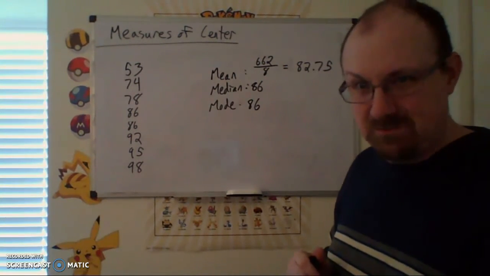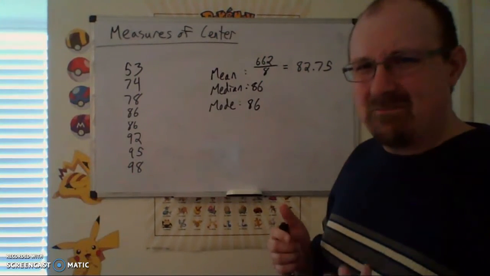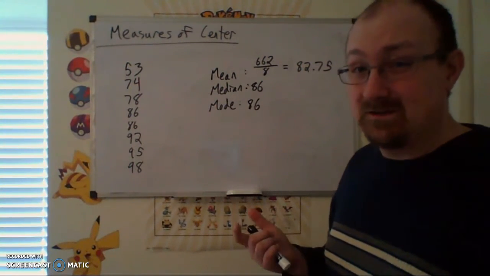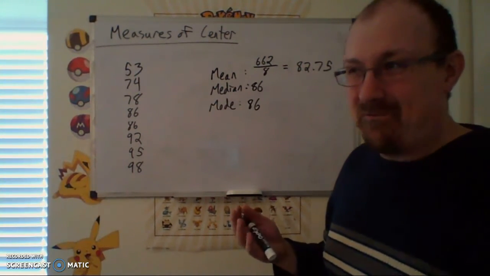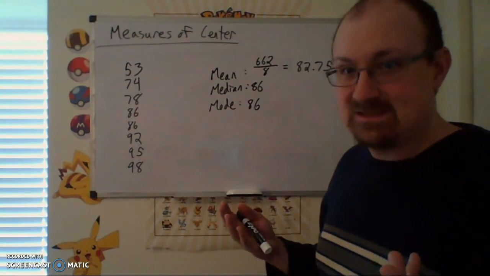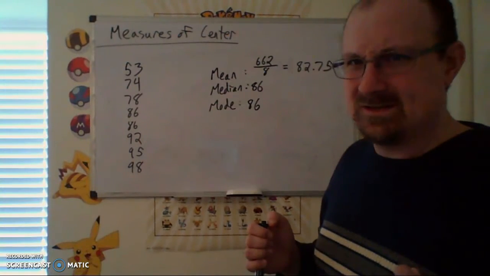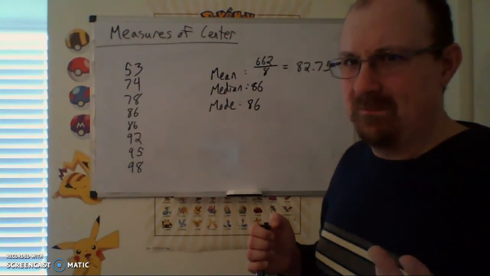It doesn't make sense to average a bunch of people's names, really. Even if the data are numerical, it might not make sense to average them. The example I like to use in my classes is, what if I gathered up the area codes of everybody's cell phones in my class? I mean, sure, they're numbers, but what does averaging the area codes tell me?